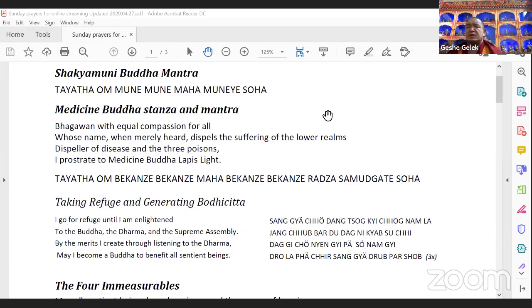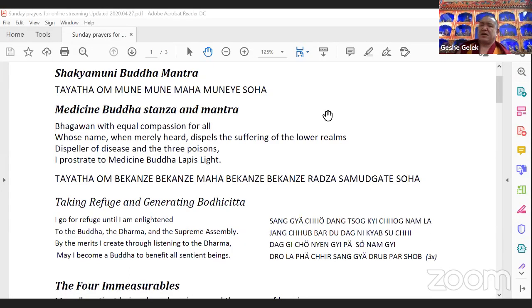Anyway, if you want to be precise, that's what you can visualize. So that is visualizing just Medicine Buddha. Then also please think about Neely's father. He's in hospital, so please think about them together with all the people in the prayer list.